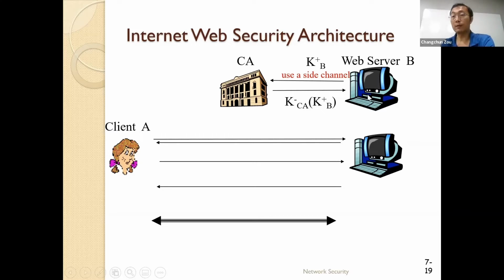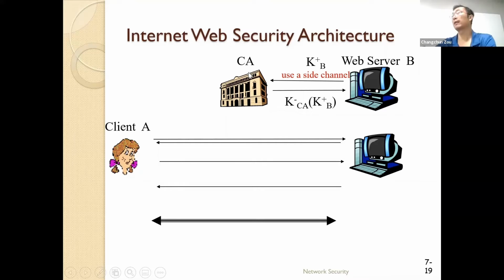So suppose this web server is like my.ucf.edu or an e-commerce website. The website wants to provide secure communication between itself and its client, its customer. So first, it needs to distribute its public key in a reliable way. The website just pays a fee to a CA.